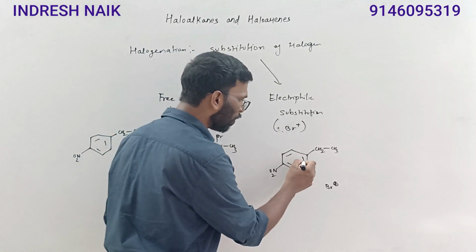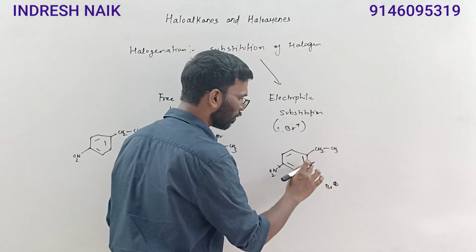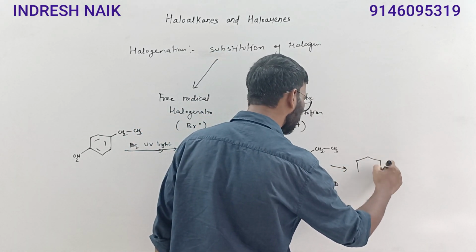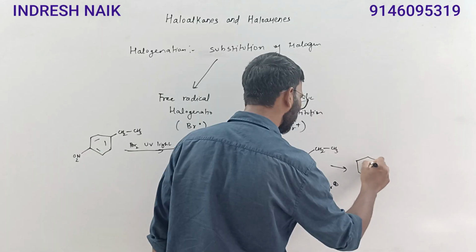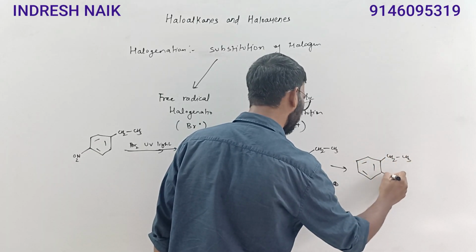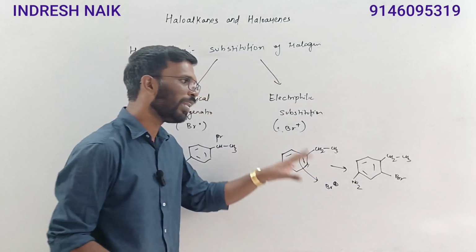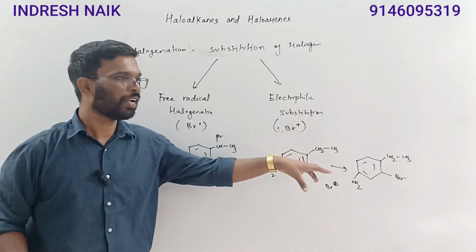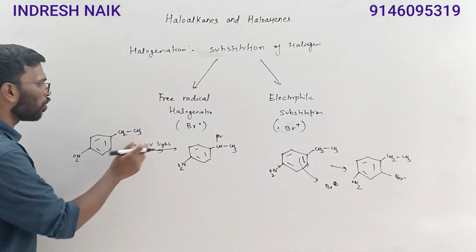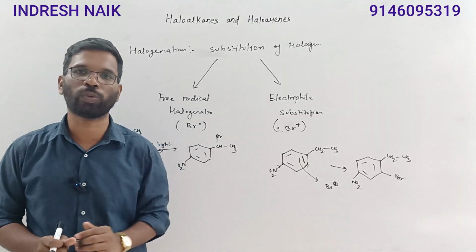So where will this Br go? The meta position. So it will attack over here, and a substitution of Br takes place on the ring. Understand the difference. In electrophilic substitution, the Br will get substituted on the ring, and in free radical halogenation, it will get substituted on the hydrocarbon chain. That is the major difference between these two reactions.